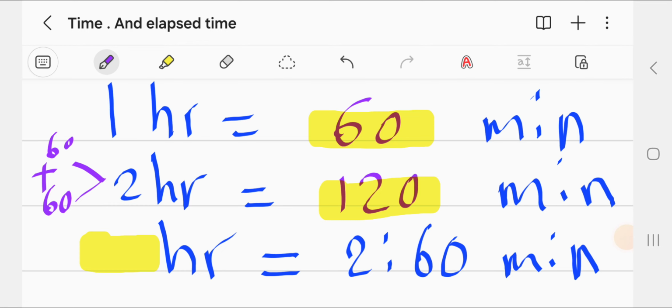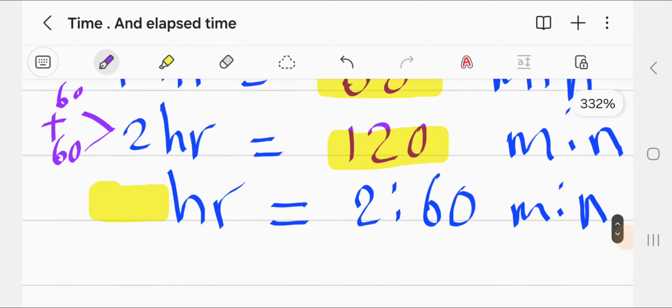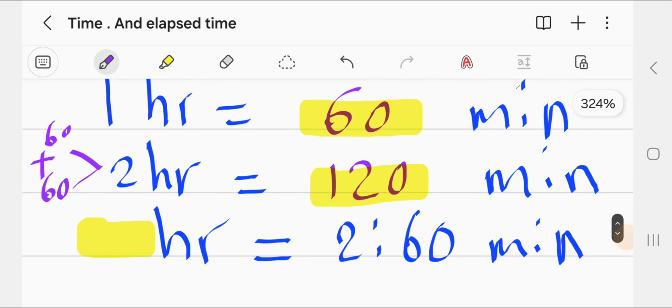Then, right now I have these minutes I need to convert to hours, but I have a problem. I already have 60 here. I can cancel this 60 and say this 60 looks like 1 hour.